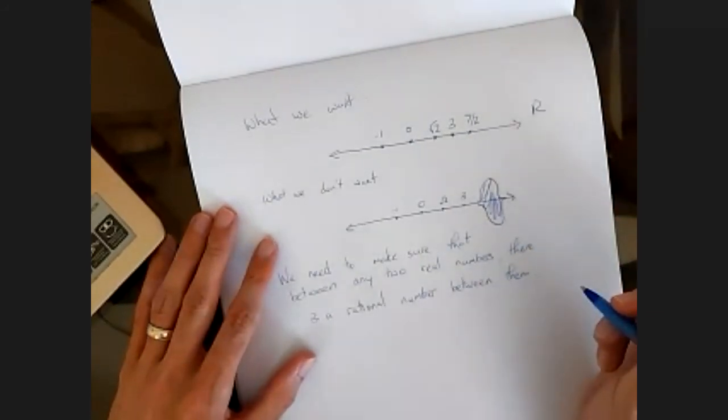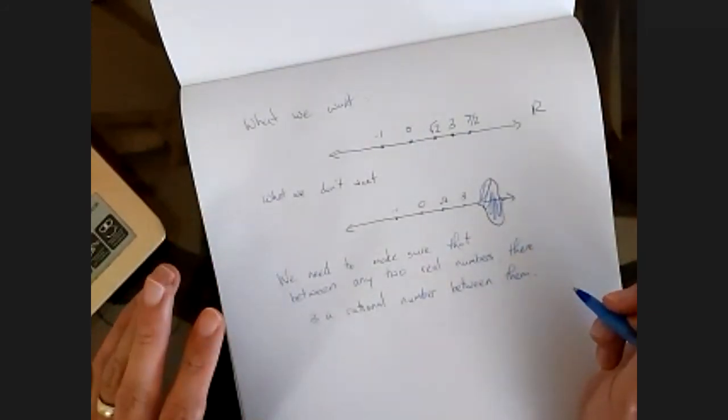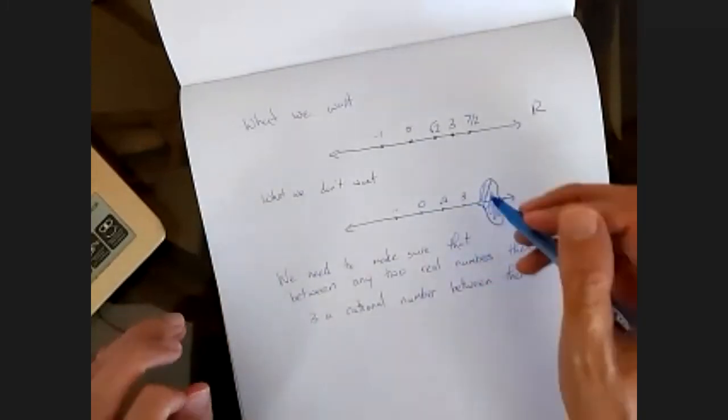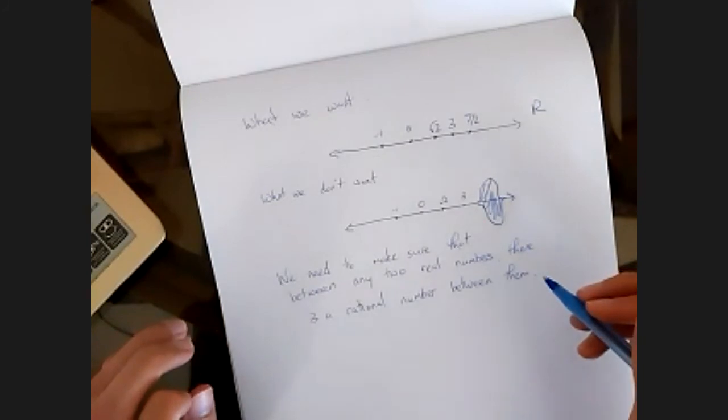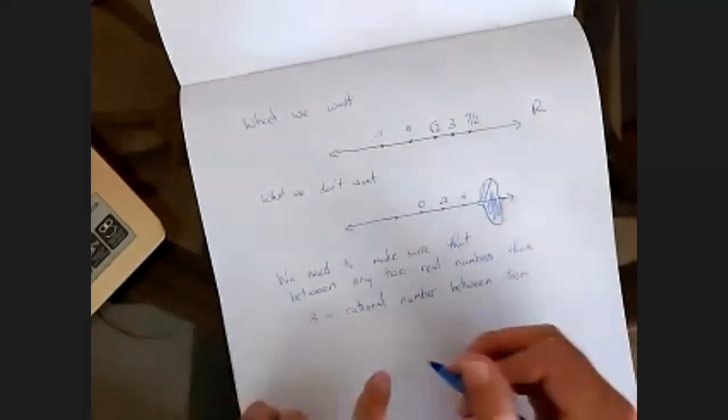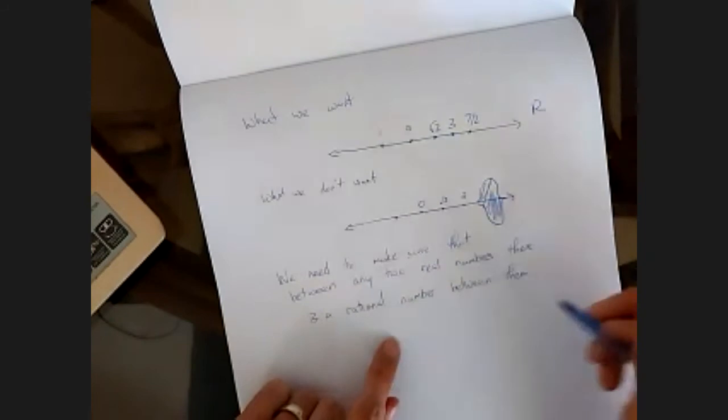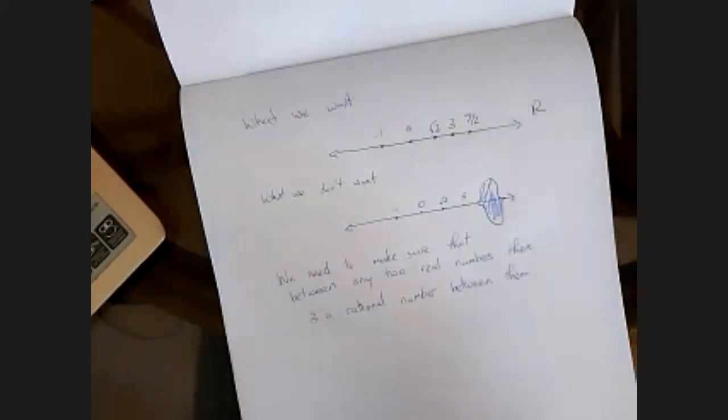Because that means that even though we added in all this extra stuff to the rational numbers, no matter what you add, there are still rational numbers living in between all the stuff you added.